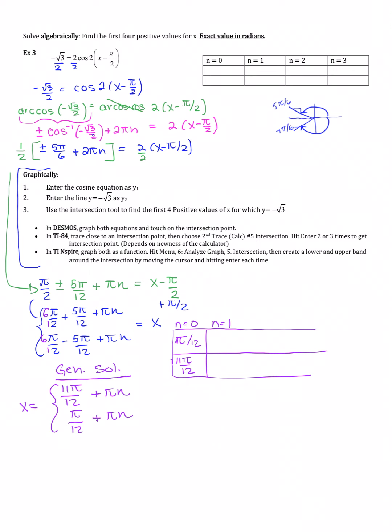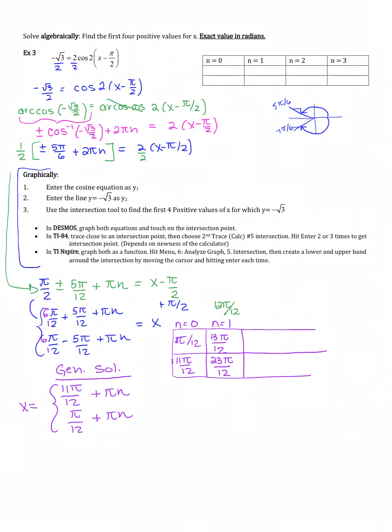But since we want a common denominator, you're really adding 12 pi over 12. That's the same thing as just adding pi each time. So this will become 13 pi over 12. This one will become, we're adding 12, so that's 23 pi over 12.